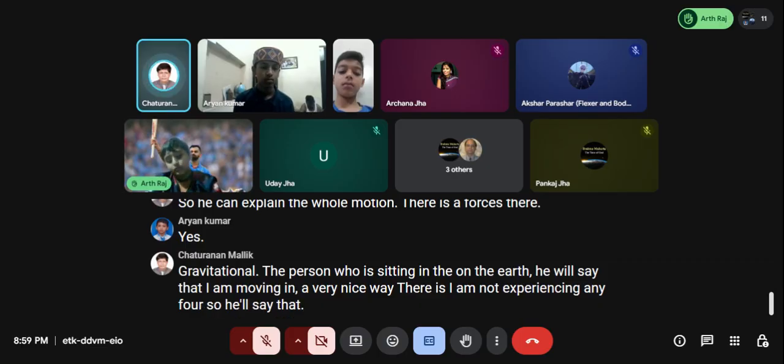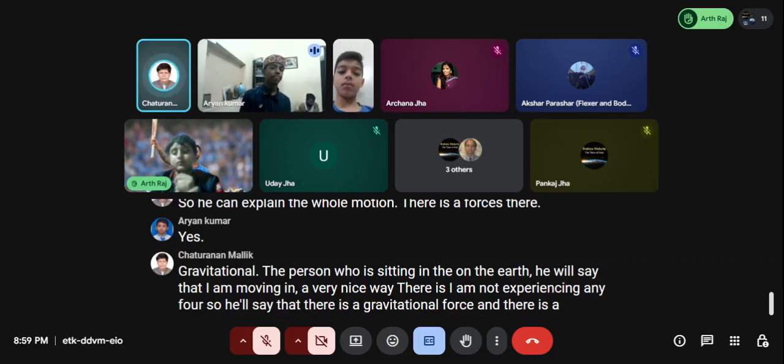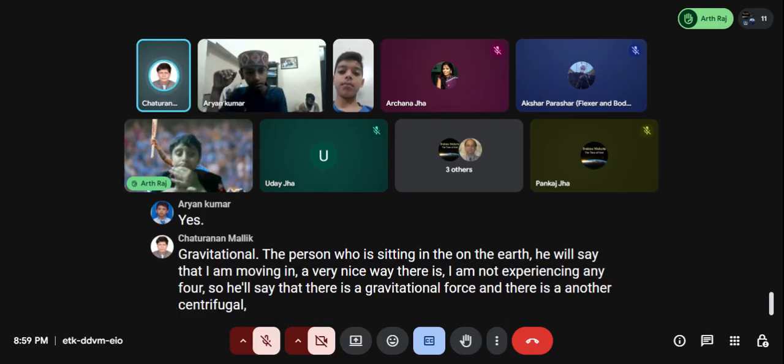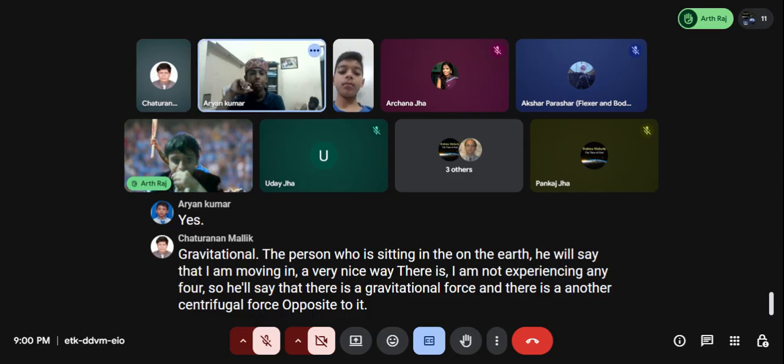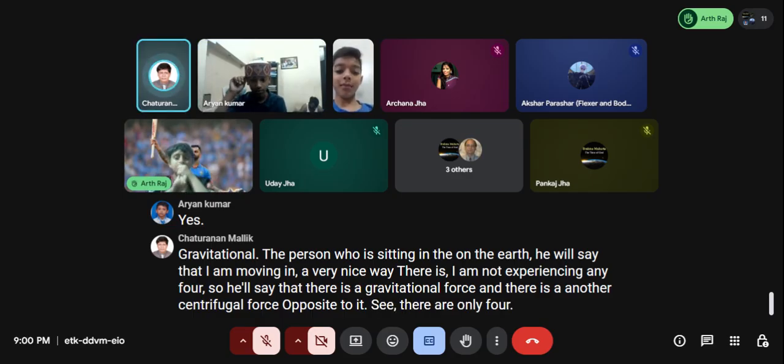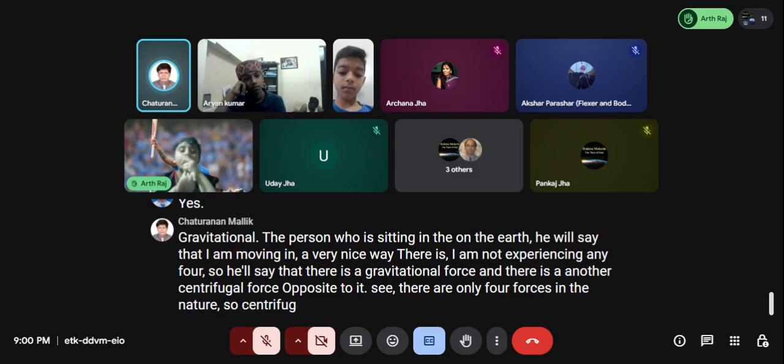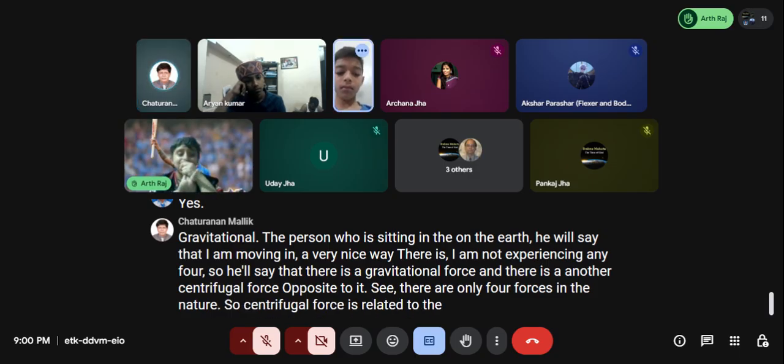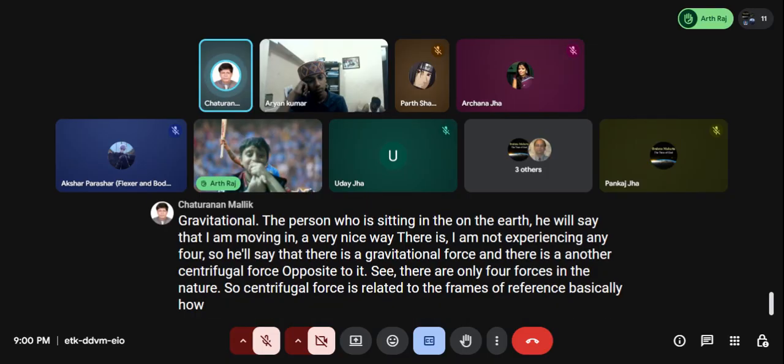So he will say that there is a gravitational force and there is another centrifugal force opposite to it. There are only four forces in nature. So centrifugal force is related to the frames of reference, basically how you are looking at things.